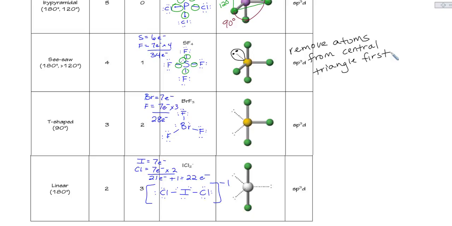You're picturing a triangle in the center, and then 90 degrees up toward one, 90 degrees up toward another atom on the bottom. When you have to remove atoms to represent a lone pair, we remove them from the central triangle first. So do you see where that lone pair is, kind of tucked in on that ball and stick model? It's supposed to be around the central triangle.